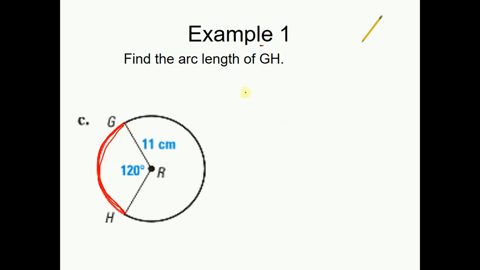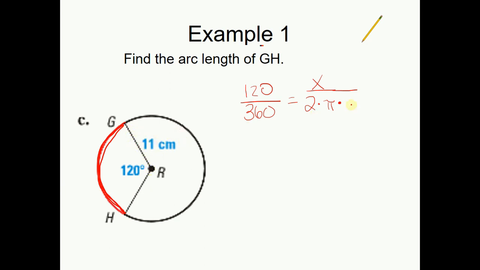So let's go ahead and set up our formula. I need the measure of the angle, the central angle you might hear it called. So 120 degrees is how large that angle is. So I'll go 120 over the total of my circle, which is 360 degrees, equals the arc length, we want that, over the full circumference of my circle, which will be 2 times pi times my radius, which is right here, right?